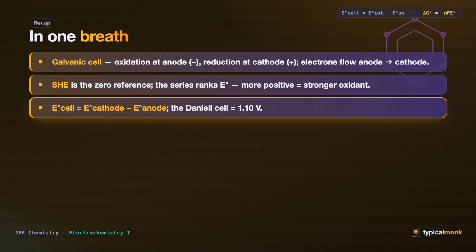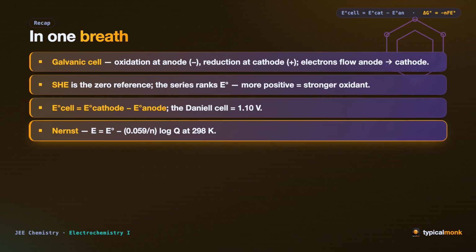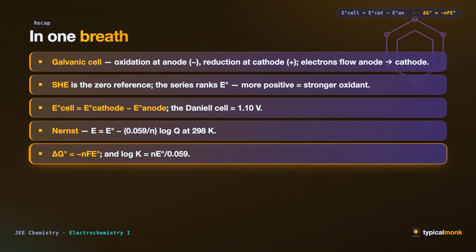The Daniell cell is 1.10 volt. The Nernst equation, E equals E standard minus 0.059 over N times log Q at 298 Kelvin. Delta G standard equals minus NF E standard and log K equals NE standard over 0.059.